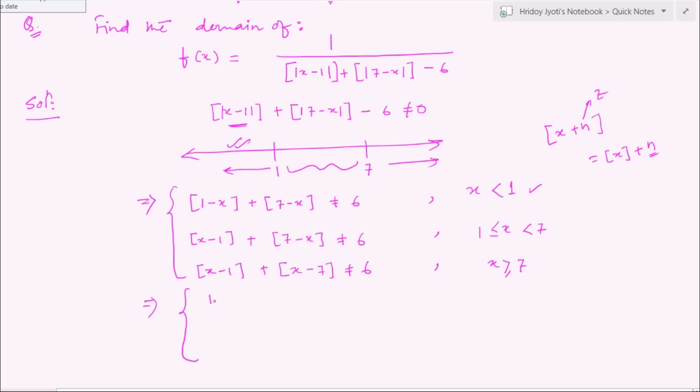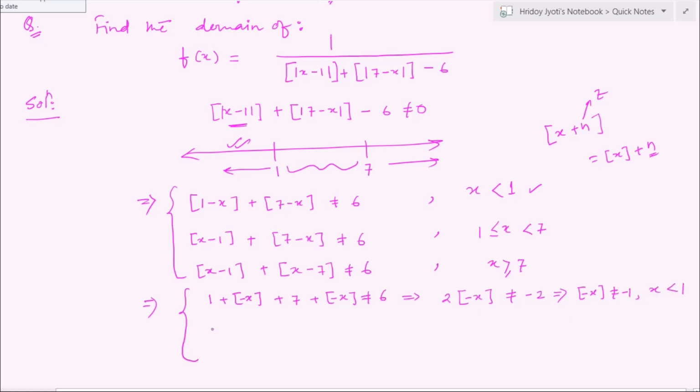So we'll be getting 1 plus GIF of minus x plus 7 plus GIF of minus x is not equal to 6. That will give rise to twice GIF of minus x is not equal to minus 2, since 7 plus 1 is 8. So ultimately we'll be getting GIF of minus x is not equal to minus 1 for x less than 1.